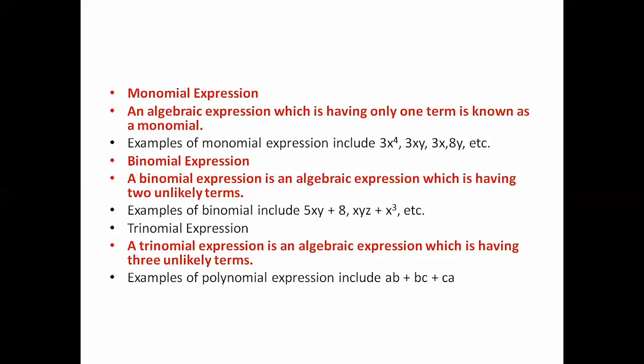These are some of the examples of binomial expression. Let us understand the third expression, that is trinomial expression. Here the word tri means three. A trinomial expression is an algebraic expression which is having three unlike terms, such as AB plus BC plus CA. These are having three terms.